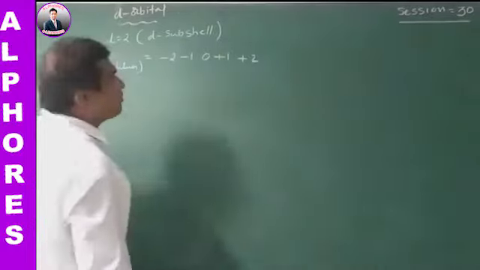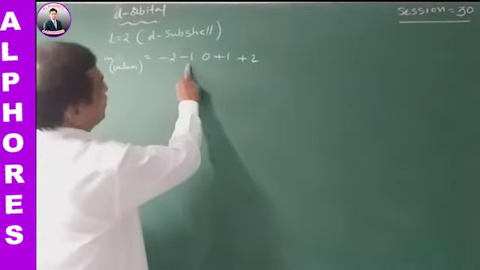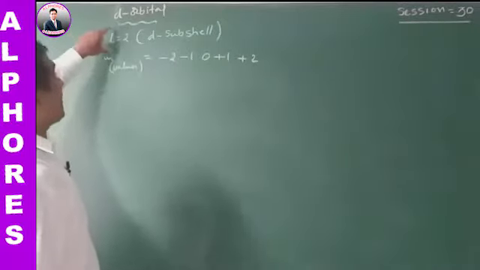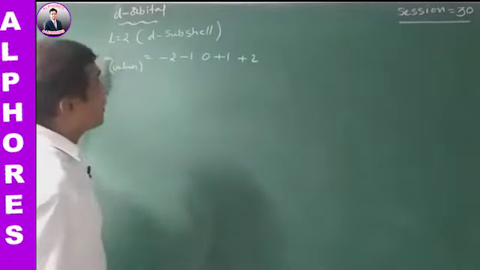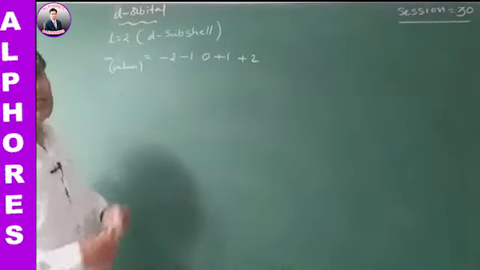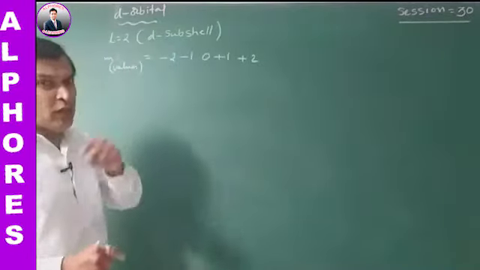Total how many values are possible? Count it: 1, 2, 3, 4 and 5. So the subshell with L equals 2 has 5 orientation values. Each value represents one orbital, we know that.